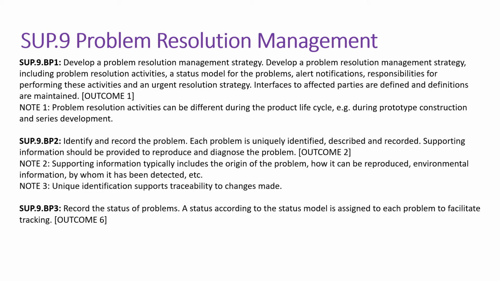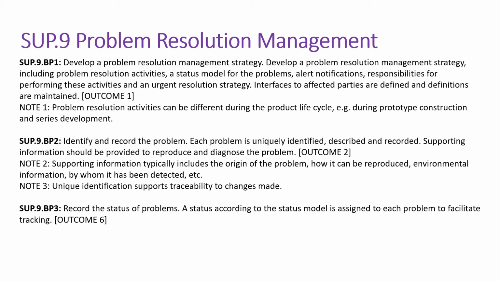Develop a problem resolution management strategy, including problem resolution activities, a status model of the problems, alert notifications, responsibilities for performing the activities, and an urgent resolution strategy. Interfaces to affected parties are identified, defined and maintained.